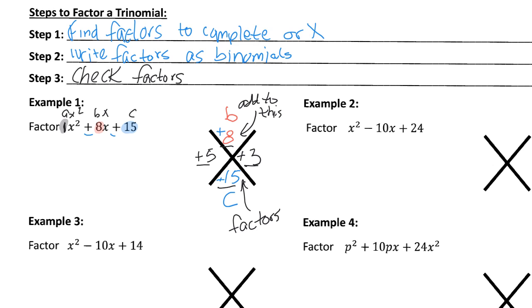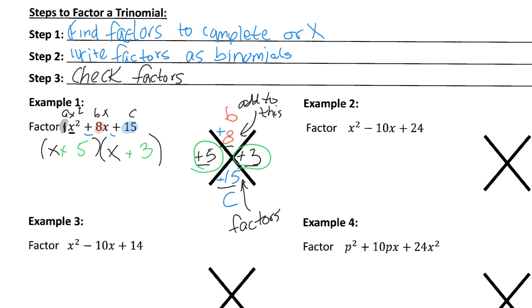So now we have to write these factors as binomials. Since this first one was x squared, we always put an x here. And then whatever we get for these side parts of the x, that's what goes in to complete the parentheses, or to complete the binomials.